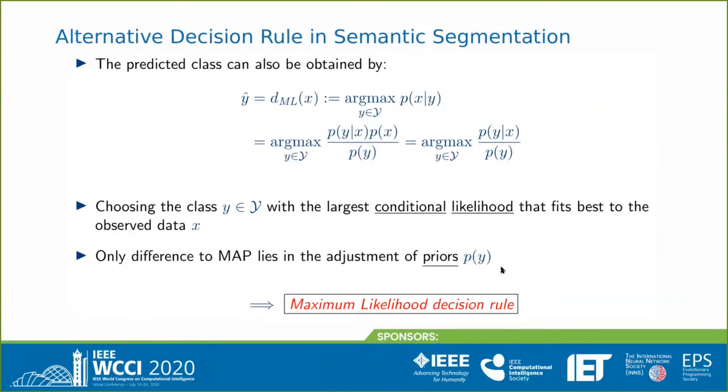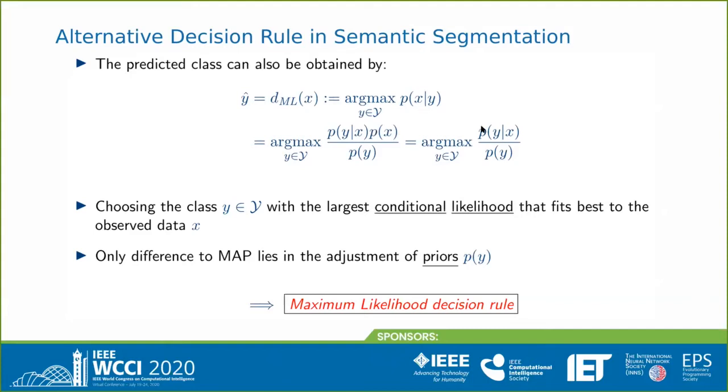From decision theory, we also know that there are alternative decision rules, like the maximum likelihood decision rule. With that rule, we apply the argmax function to the conditional likelihood. This is different to the Bayes decision rule, where we applied the argmax function to the posterior probability, since X and Y are now interchanged. With Bayes' theorem, we can rewrite the conditional likelihood to this term here, and we maximize over all classes Y. Therefore, the location of the maximum is independent of P(x).